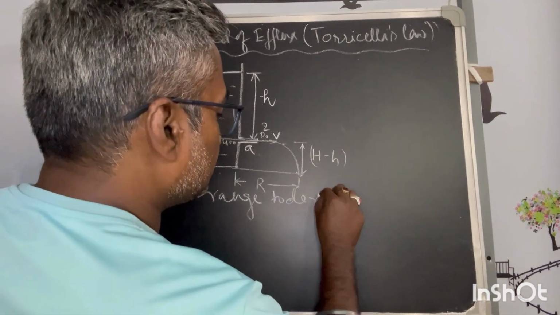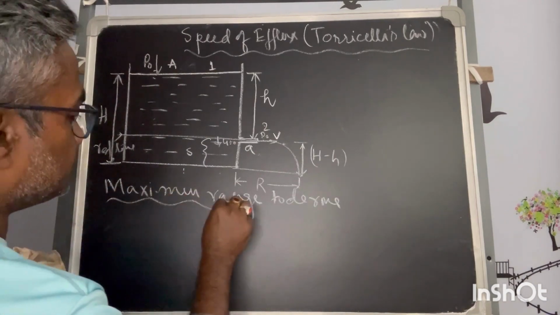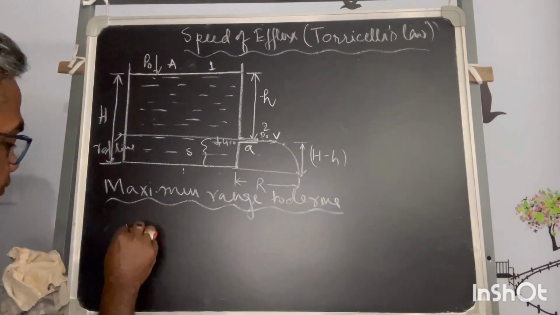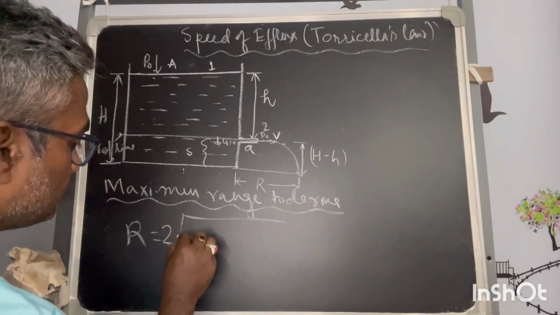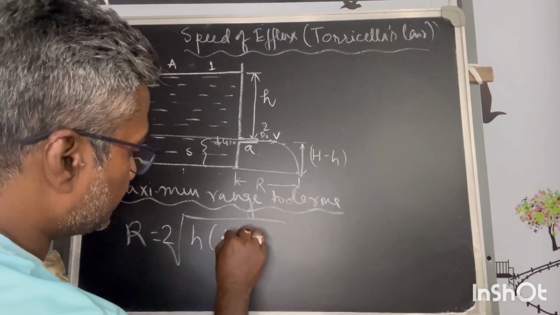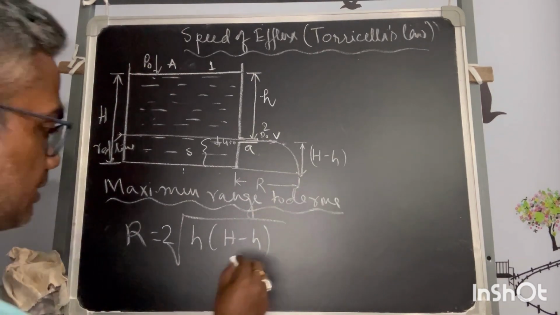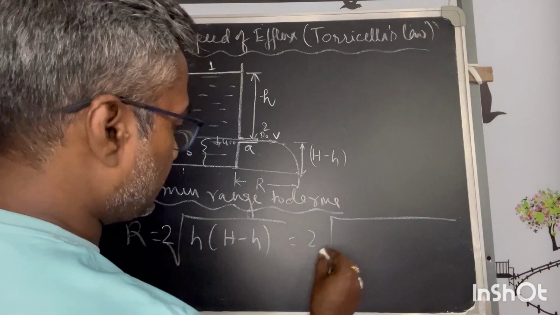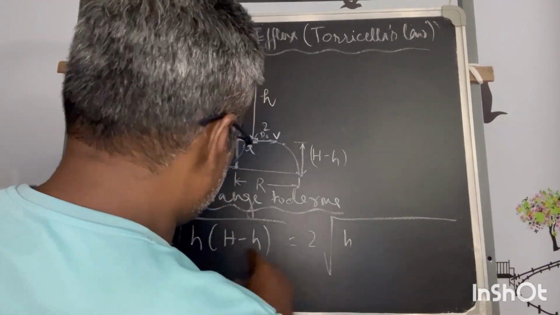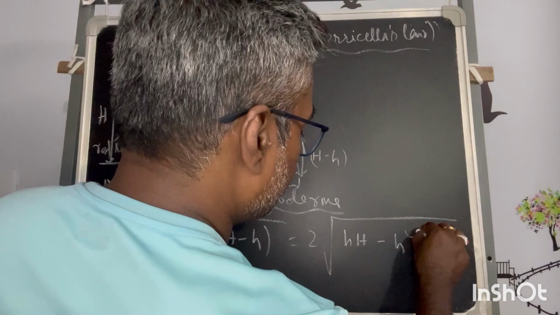To derive the maximum range, it is not only the formula that is needed; you have to derive the maximum range. The range formula that I found is equal to the square root of 2 into small h times (capital H minus small h). This was the formula. Now let's see what we can do with this. If I remove the bracket, it will be hH minus h square.